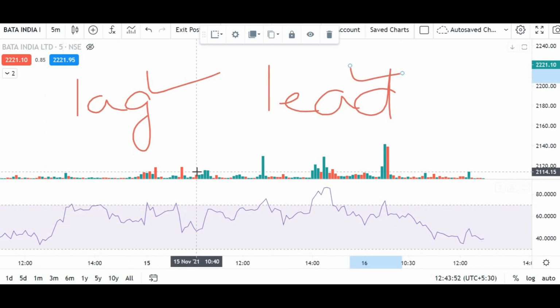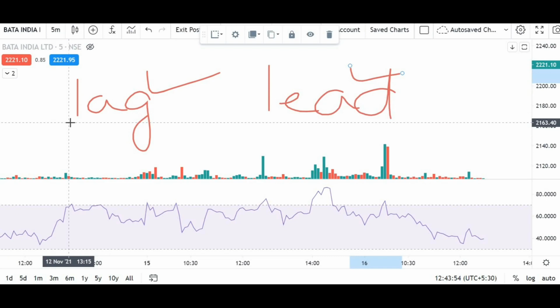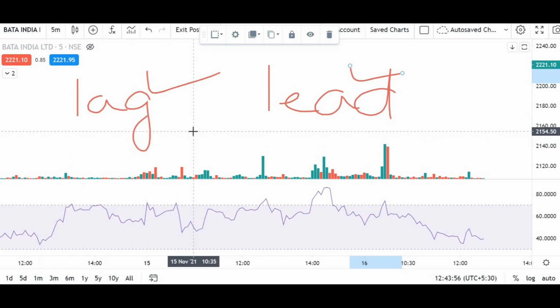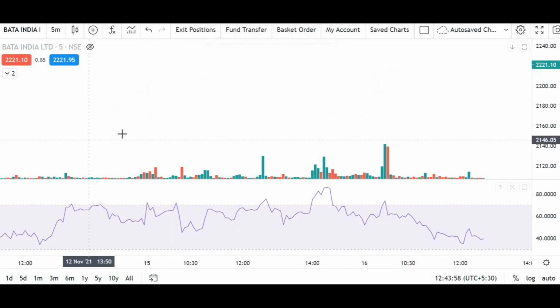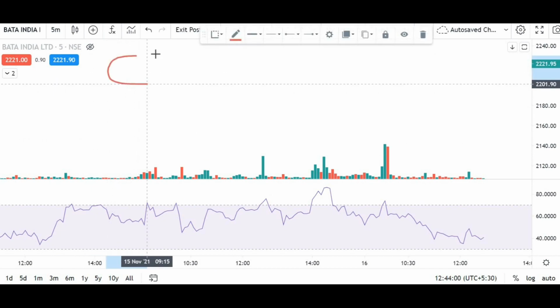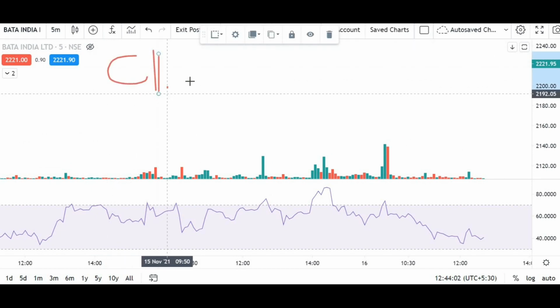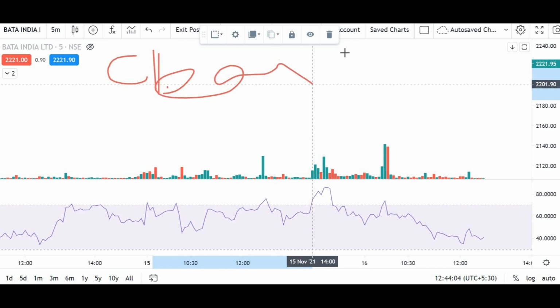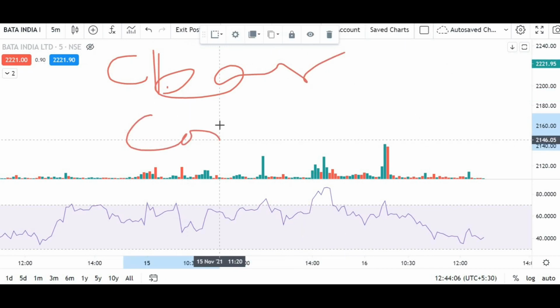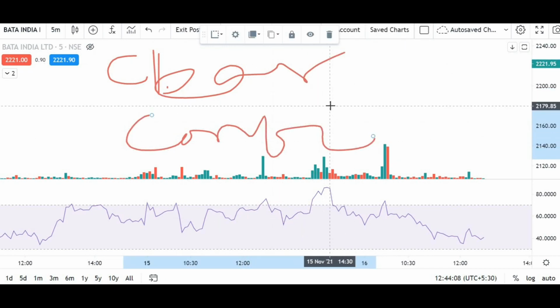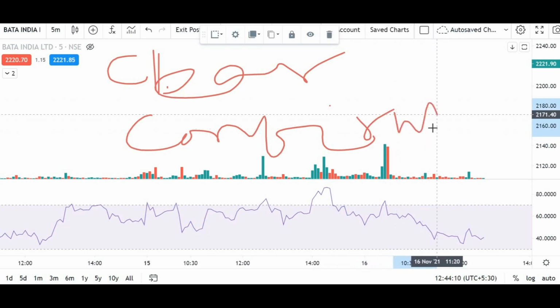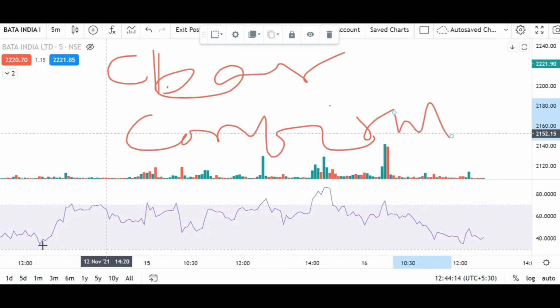Okay, so till now we know that we are using indicators on the chart to get a clear view and more confirmation. Second thing, why are we using indicators?